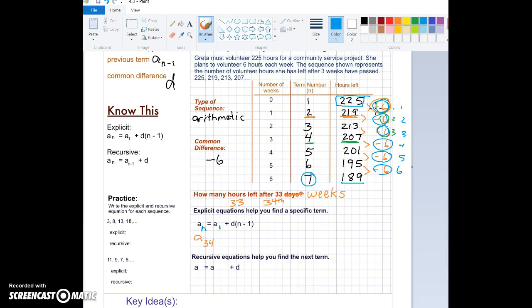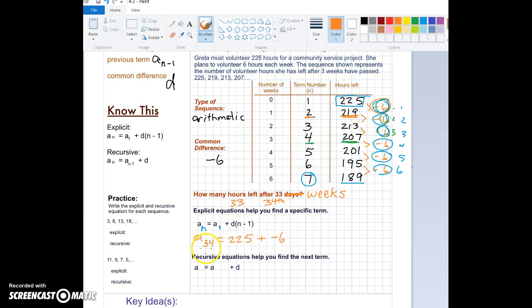So to find A sub 34, I'm going to take my first term, which happens to be 225, and I'm going to add to it my common difference, which is -6, and I'm going to do that 1 less than my term number.